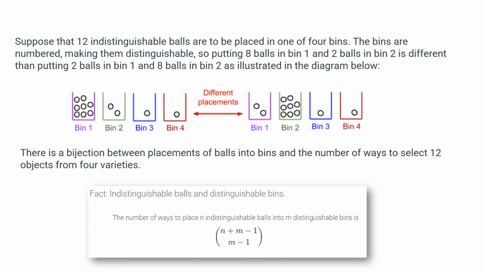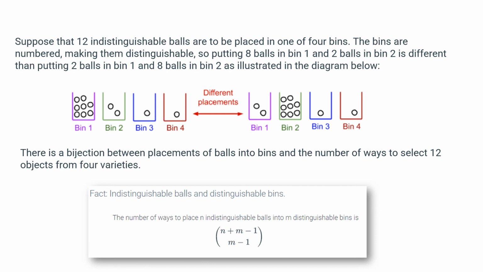Well, it turns out that there's a bijection between placement of balls into bins and the number of ways to select 12 objects from 4 varieties. Just think about this scenario over on the left here, with 8 balls in bin 1 and then 2 and then 1 and 1.